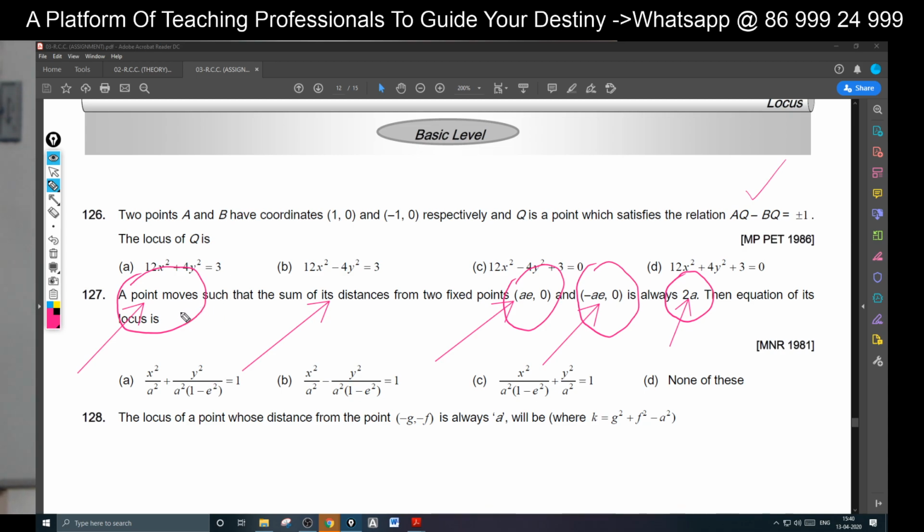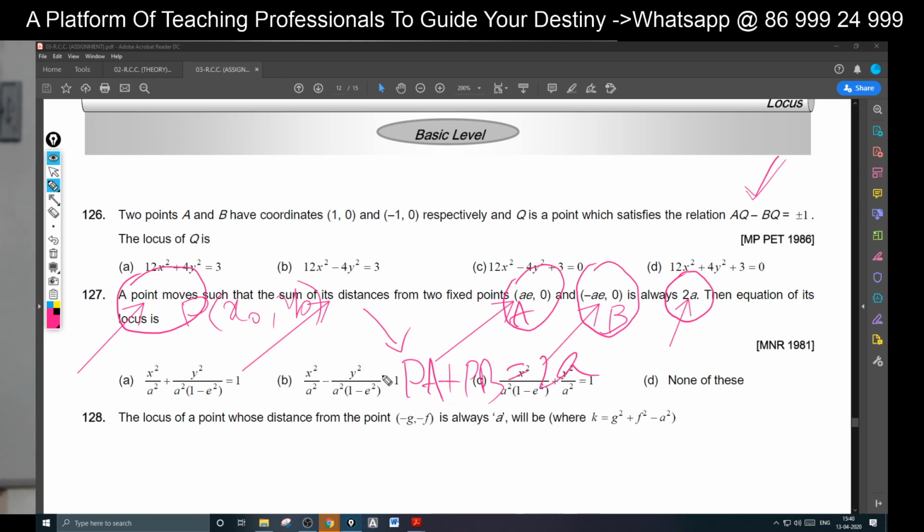Let P be x0, y0, the moving point on the locus. Let this point be capital A, ae comma 0, and this point be capital B, minus ae comma 0. The sum of the distances is PA plus PB, which is given to be 2a.